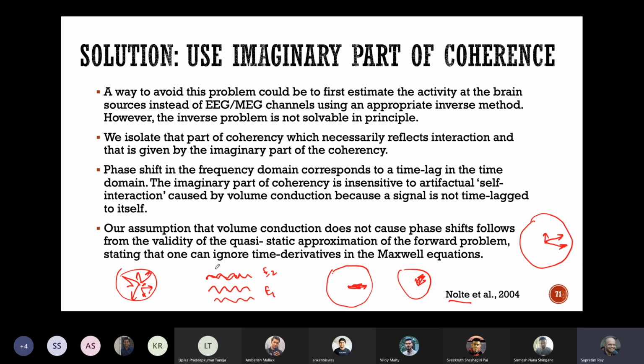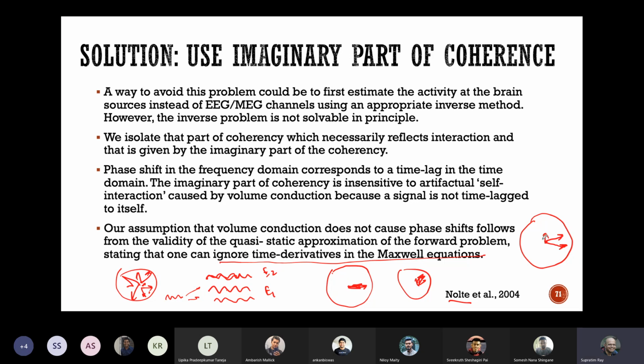You have to ignore certain things like the time derivatives in the Maxwell equations, which could cause some phase difference. But using the standard quasi-static approximation, you can never have two signals that are phase shifted when they are representing the same source.